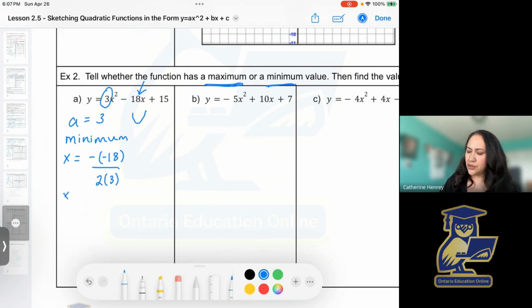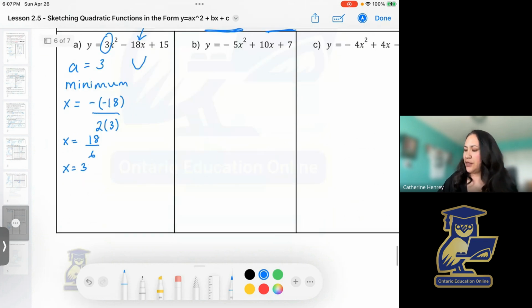X is equal to 18 divided by 6. X equals 3. So that is the x value of my vertex. And to find the y, we're going to plug that x value into the function. So y equals 3 times 3 squared minus 18 times 3 plus 15.